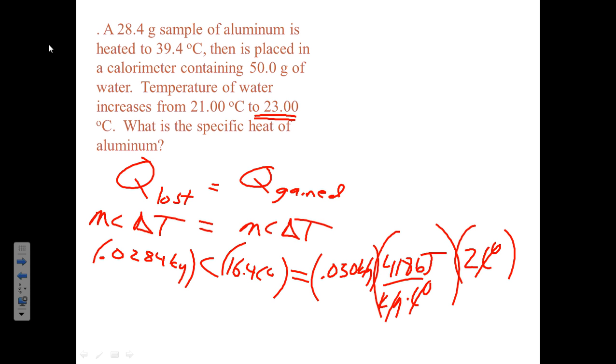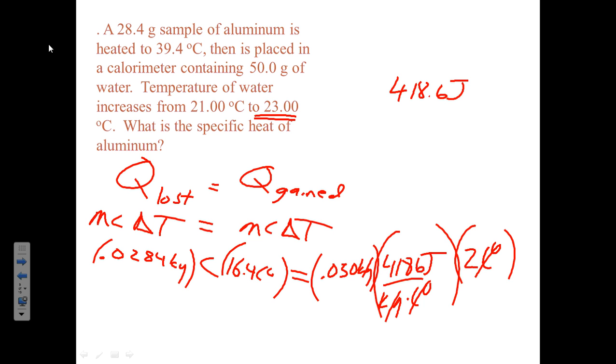I'm going to multiply that right side: 0.05 times 4186 times 2. Okay, so over here on the right, I get 418.6 joules.